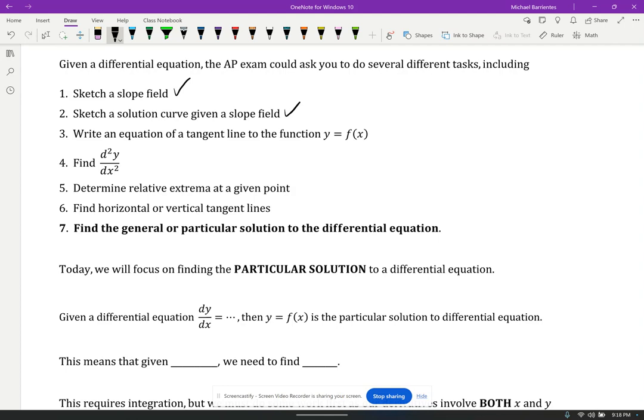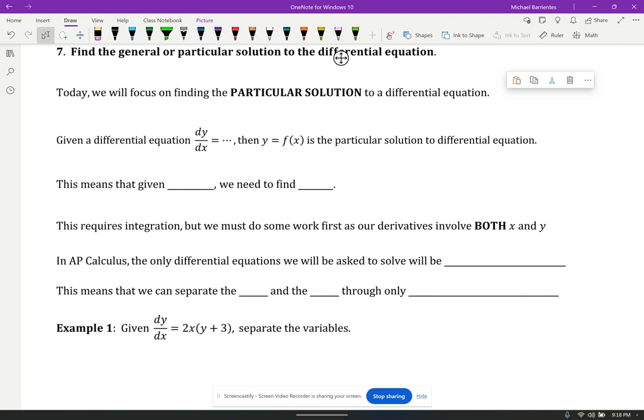You could be asked to write an equation of the tangent line of the original function given the differential equation, the derivative function. You could be asked to find the second derivative given the first derivative. You could be asked to determine the relative extrema at a given point, or find the horizontal or vertical tangent lines, or find the general or particular solution to a differential equation. So this is what we're going to focus on: finding general and particular solutions of the differential equation.